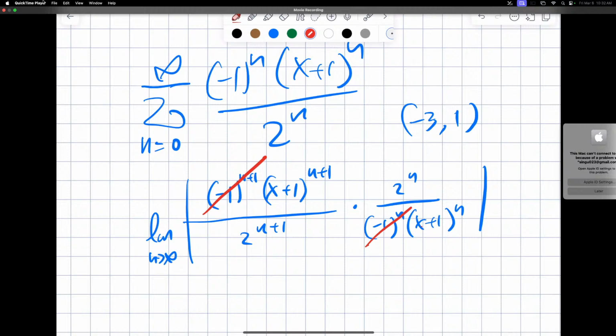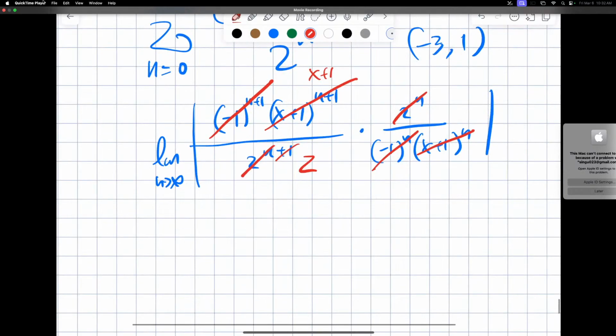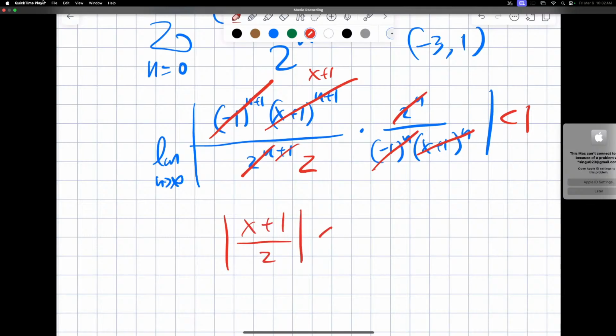Any question about this part? This one cancels out this one, left with the x plus 1, right? This 2^n cancels with this 2^n, right? So this is less than 1, so it'll be (x plus 1) over 2 is less than 1.